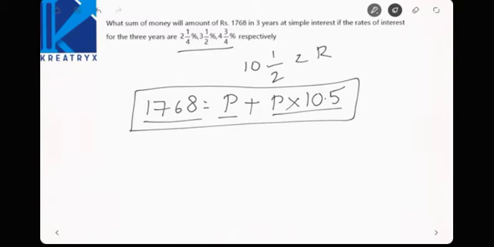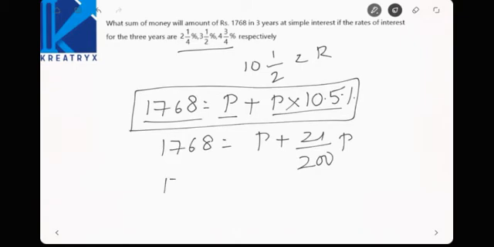Now see here, by calculating, what do we get? 1768 is equal to P plus 21/200 into P. 10.5 percentage can be written like this. Upon simplification, 1768 is equal to 200 plus 21, that is 221P by 200.